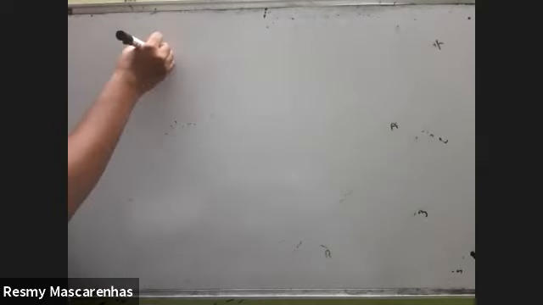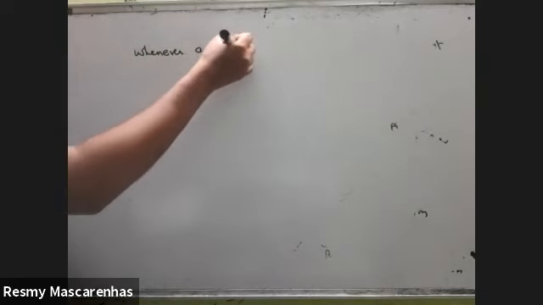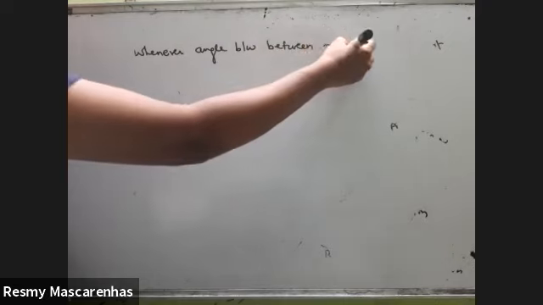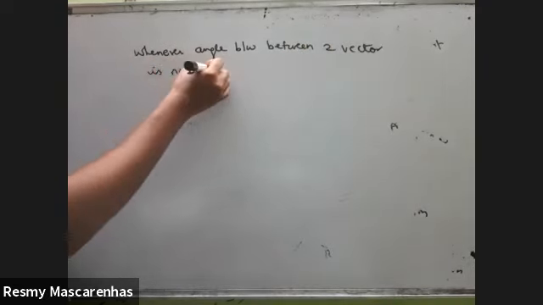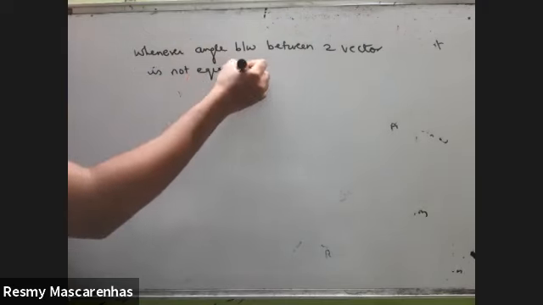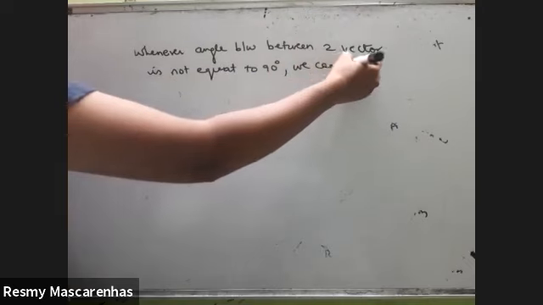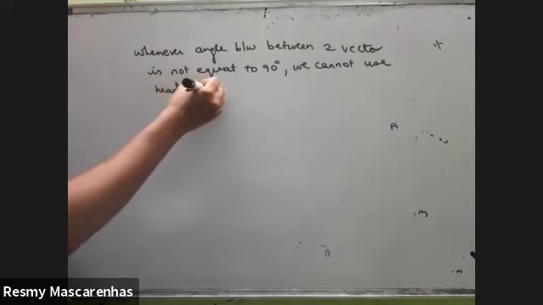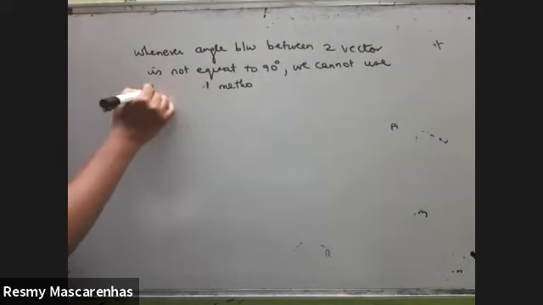So whenever the angle between two vectors is not equal to 90 degrees, we cannot use the head tail method or tail head method.